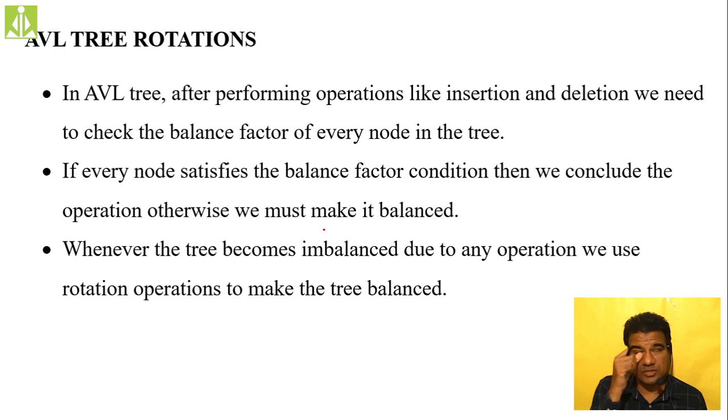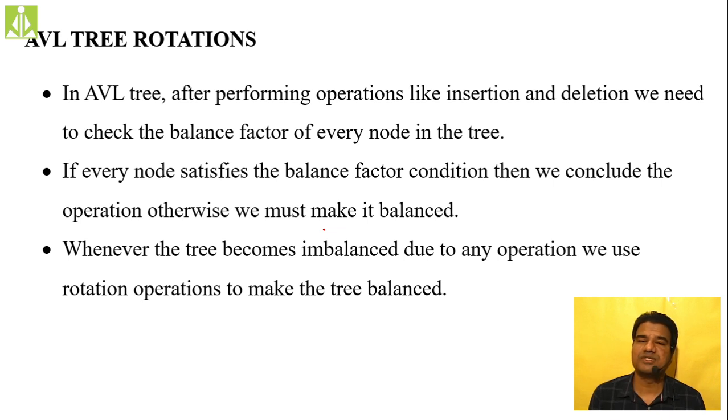Okay, smaller nodes in the left subtree, greater nodes in the right subtree, only that property we are satisfying, and that same property we are satisfying at every node, not only the root node but every node. And if your tree satisfies all these things, then we call the tree a binary search tree. And in binary search tree we do the same things: insertion, deletion, traversal, search.